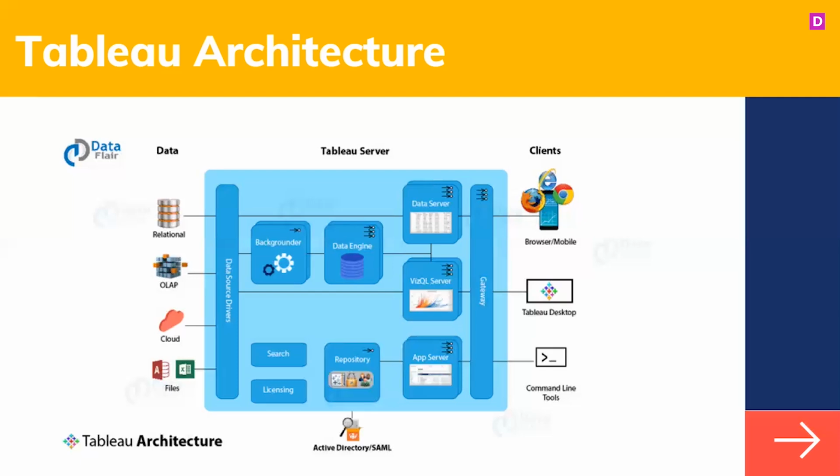And we have a backgrounder. Backgrounder is actually a multi-process element which is going to take care of the scheduling information for refreshing, and also if you want to ensure proper functioning of your Tableau Server, all of these things can be taken care of by the backgrounder.